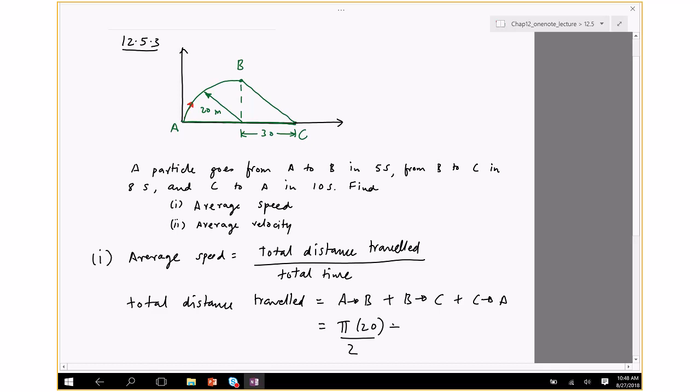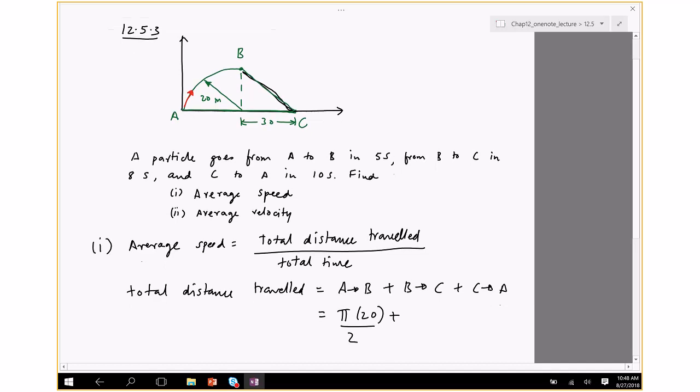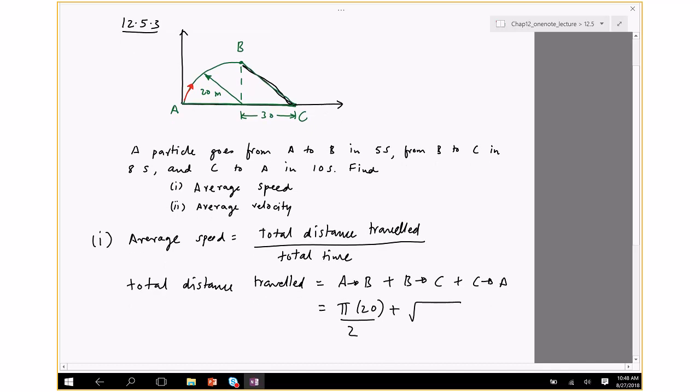Plus B to C. How do you find B to C? You have to use the Pythagoras theorem, right? This is 20, this is 30, so 20 squared plus 30 squared, the square root of that. And then C to A is, this is 20, and the other distance is 30, so 30 plus 20 is 50.